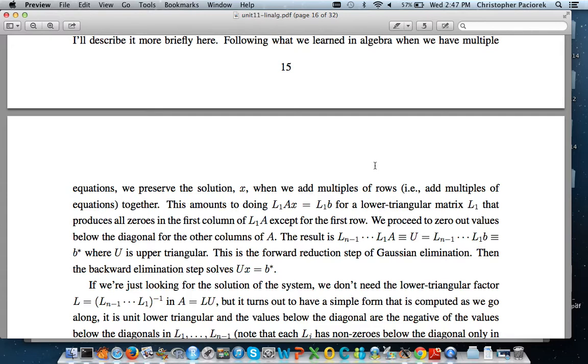The value of that is minus A21 A12 over A11 plus A22. And the value of B2^(1), which is the result of taking this combination of B1 and B2, is just minus A21 over A11 times B1 plus B2.